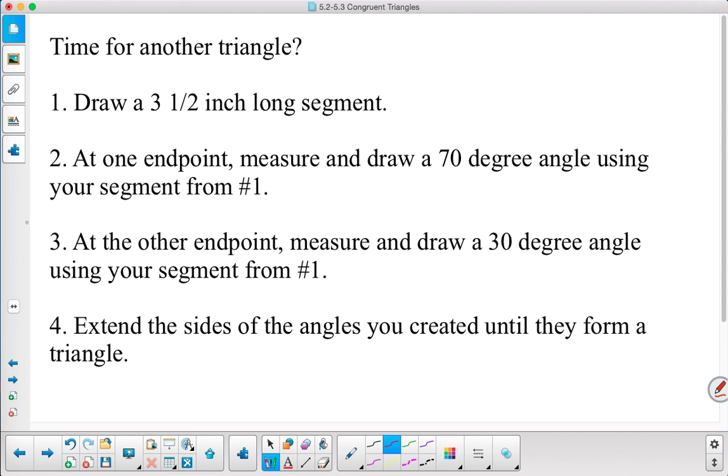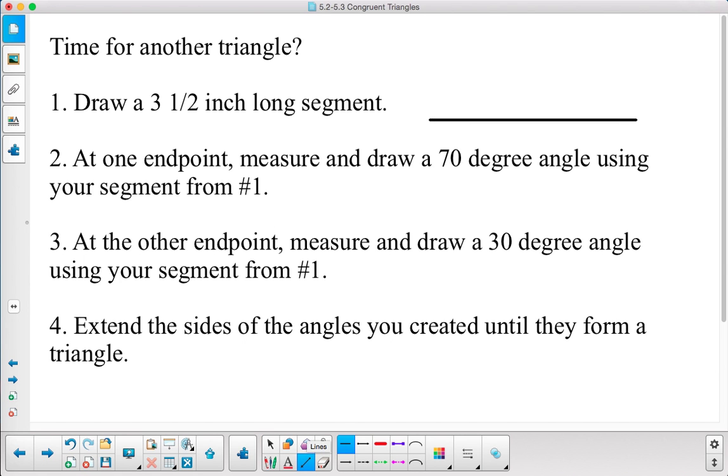It says draw a 3.5 inch long segment, and I'll draw that up above for you. Okay, let's say that segment's 3.5 inches. It says at one end, we need to measure and draw a 70-degree angle. So on this end, grab your protractor, measure around to 70 degrees, and draw that segment.